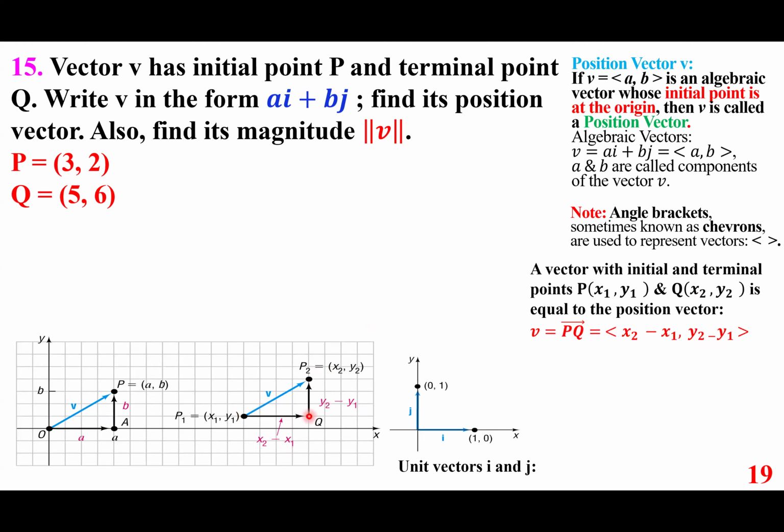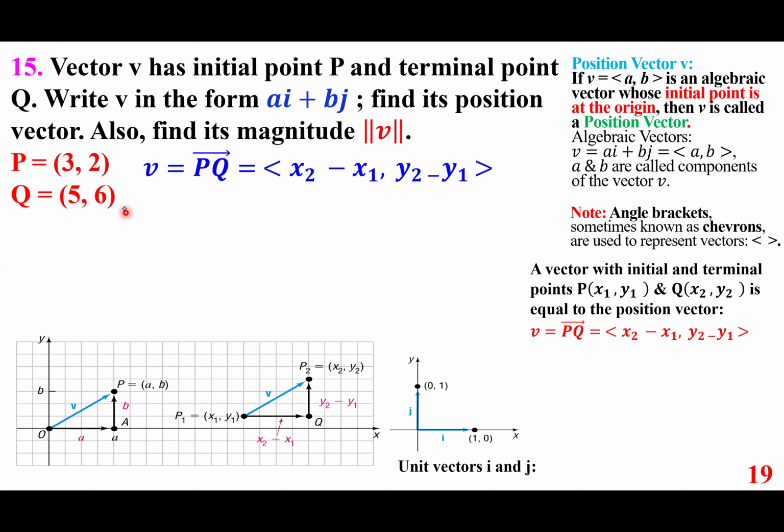Notice along the x-axis, along the i vector, is x sub 2 minus x sub 1, and along j would be y sub 2 minus y sub 1. And therefore, these two are identical vectors. The difference is this one is called a position vector. So having said that, what would be the position vector for this one?